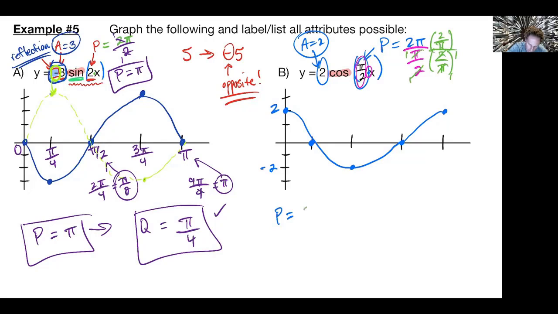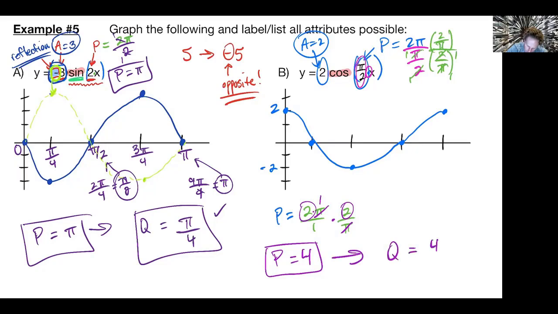So I'm left with 2 pi times 2 over pi, which doesn't get much better than this problem right here, because everything's multiplying, so the pi's will cancel out, and we just get a period of 4. That in turn means our quarters, we would just take that period and divide by 4 to get a length of 1.